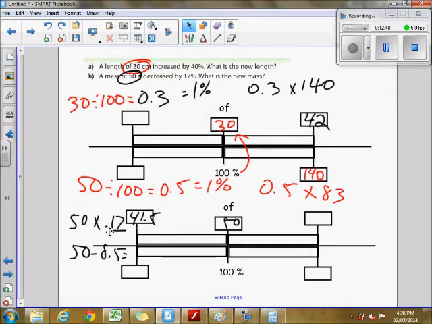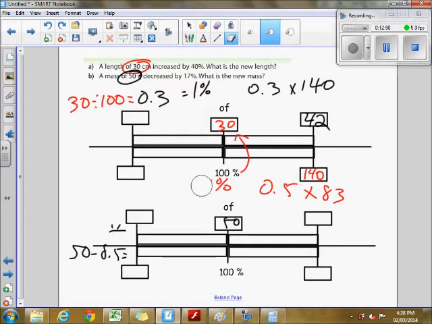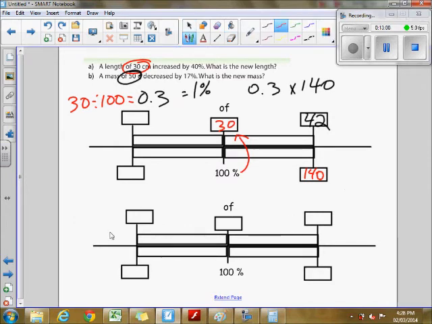Another way to solve it, same question. Let me solve this. 50 is our 100% number. We take away 17%, so that leaves us with 83.